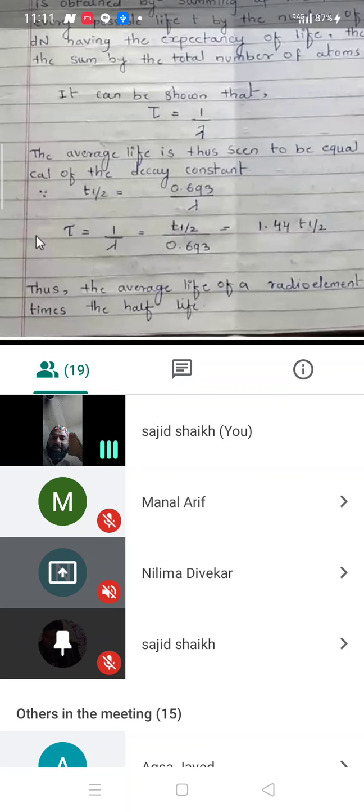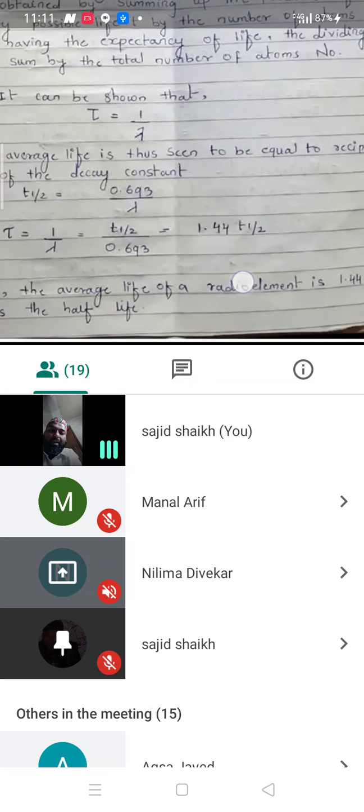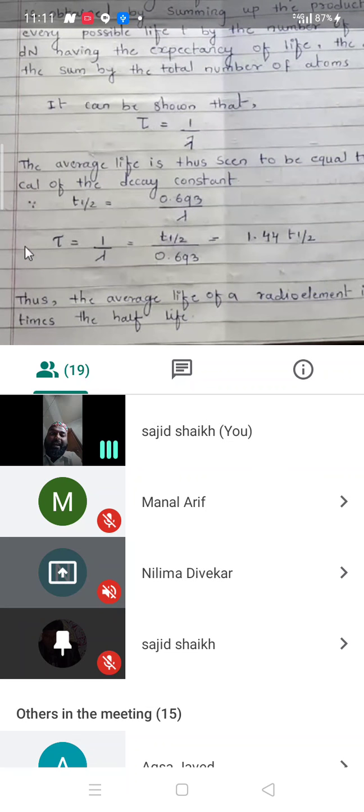The average life, or mean life, of the radio element is 1.44 times the half life. It is very important to note, because as far as the exam is concerned, MCQs may come. In general, the average life of the radio element is 1.44 times the half life.